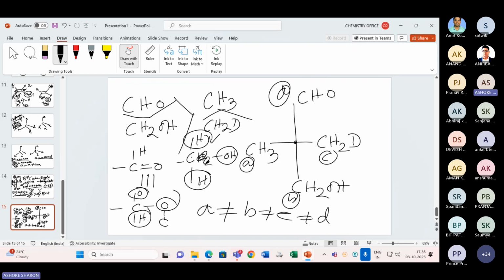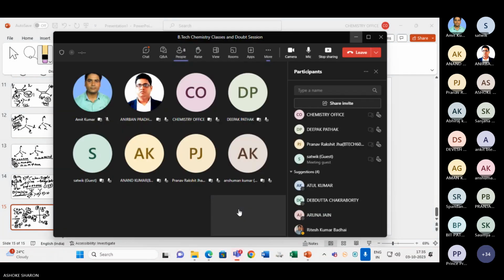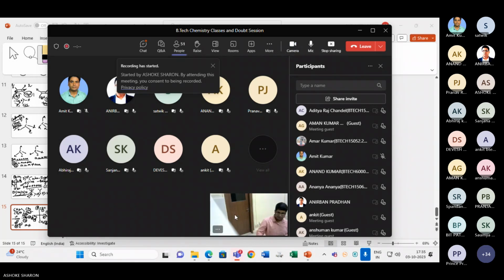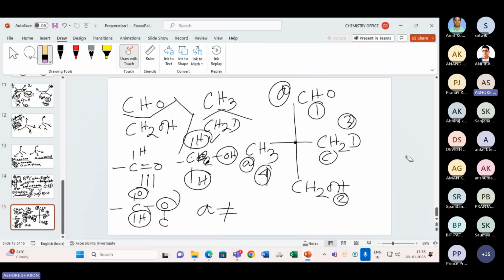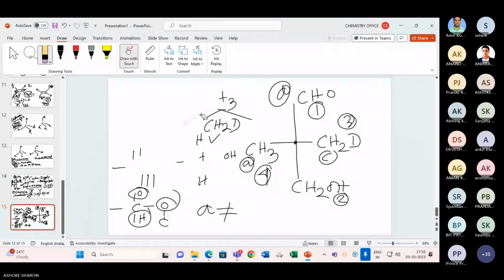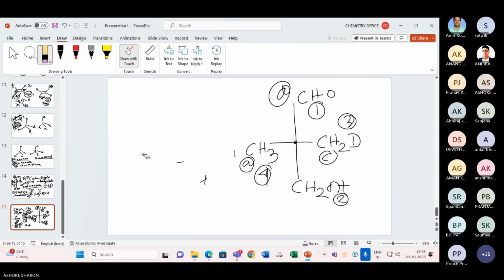Now if I give the numbering here, CHO will be 1, CH2OH will be 2, CH2D will be 3, and methyl will be 4.